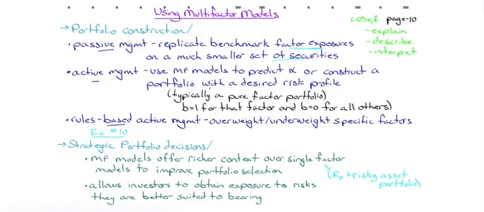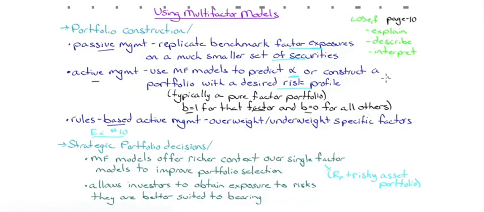So you want to replicate the benchmark factor exposures on a much smaller set of securities. For active management, you can use the models to predict alpha, number one, or you can construct a portfolio with a desired risk profile. The easiest one to explain would be something called a pure factor portfolio. That means there is a beta of 1 for that particular factor and a beta of 0 for all others. It is a pure factor, much like size is.